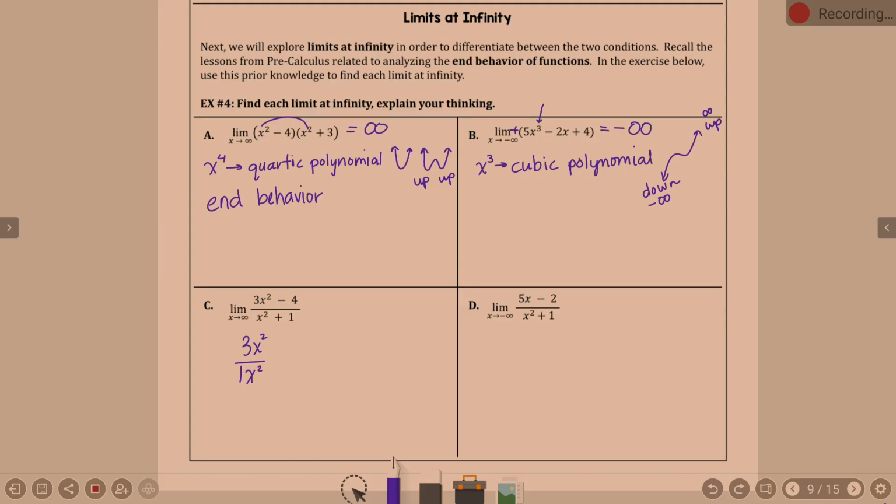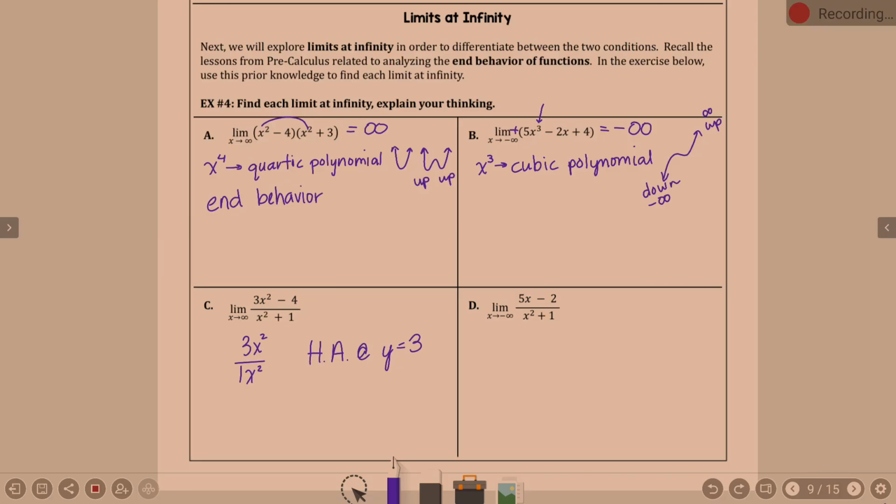And with a horizontal asymptote, where's your graph going to go off to the sides? It's going to follow that horizontal asymptote. Okay, does that make sense? Yeah. Okay, so with that particular one, there's a horizontal asymptote at y equals 3.